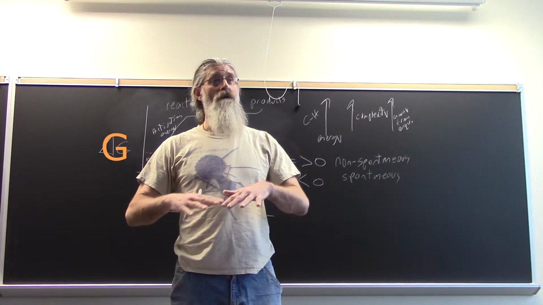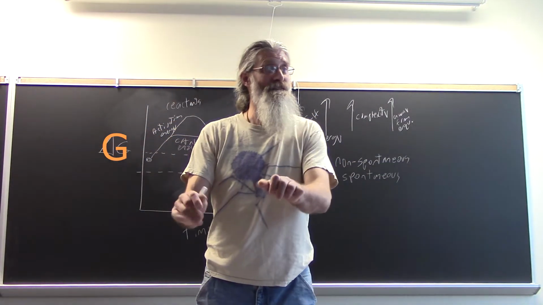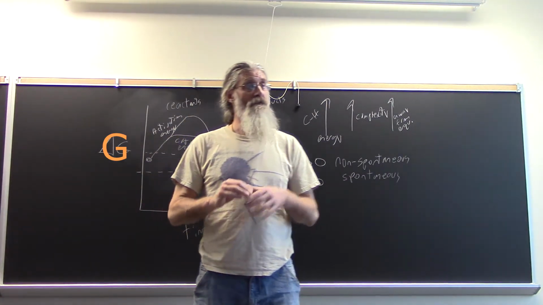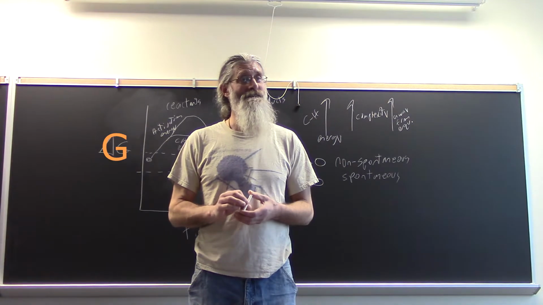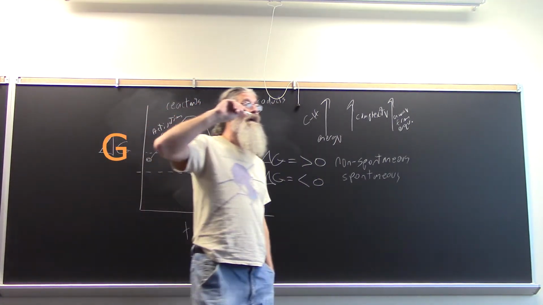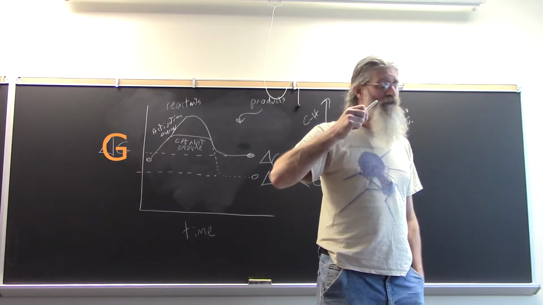And anytime you are increasing the Gibbs free energy, it means you had to put energy into the system, and that energy had to come from somewhere, and therefore it's not spontaneous. So robots are not a product of spontaneous generation. And an interesting idea is that neither, of course, is life.